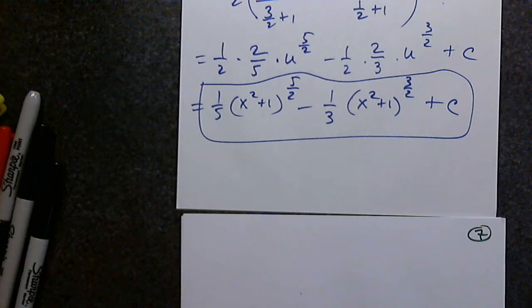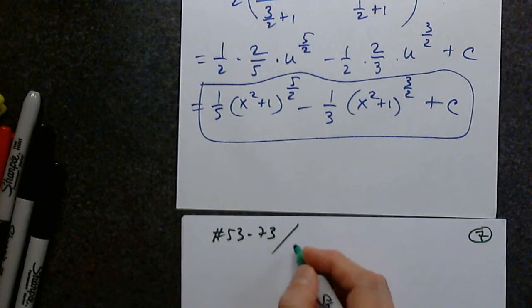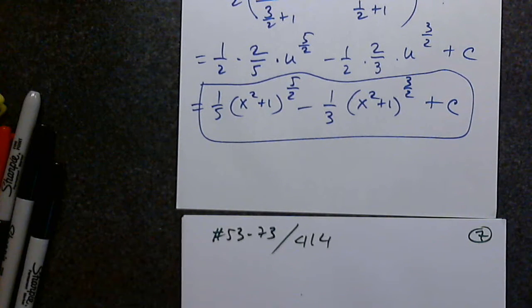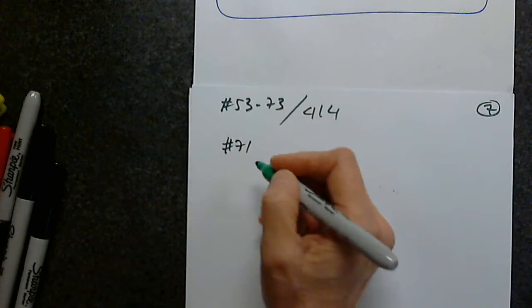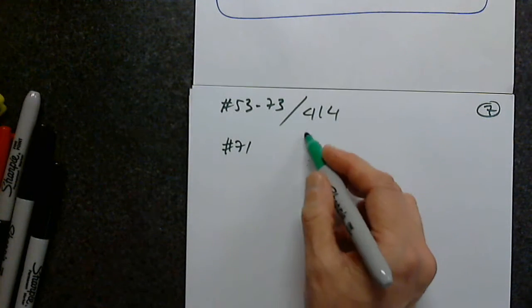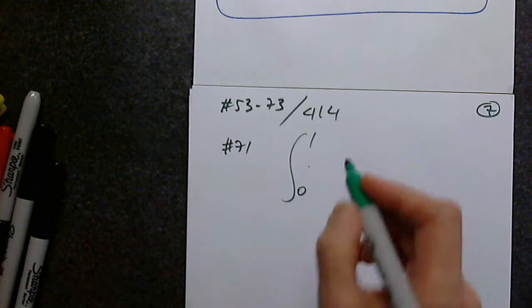So we're looking at problems 53 through 73, still on page 414. I don't particularly like any of them, but let's start with 71. The integral. Yes, because they have limits of integration.